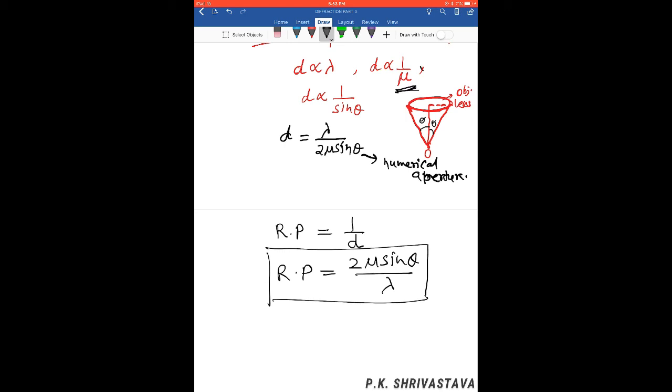Limit of resolution is inversely proportional to mu and resolving power is directly proportional to mu. So the slides of object to be seen under microscope are prepared on glass because it has greater refractive index as compared to air.